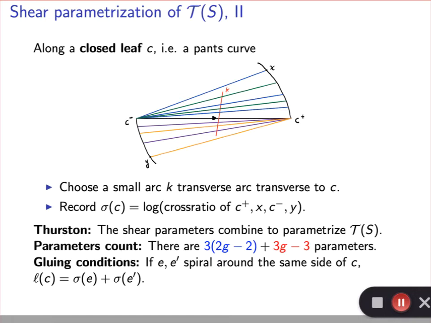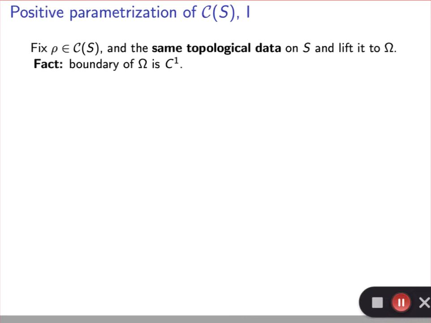When we try to do the same construction in the context of convex projective structures, new parameters arise. So we fix the same topological data and we lift it for convenience to this properly convex set inside an affine patch of RP2. And general theory tells us that this convex set has a C1 boundary, so there is a notion of tangent lines.